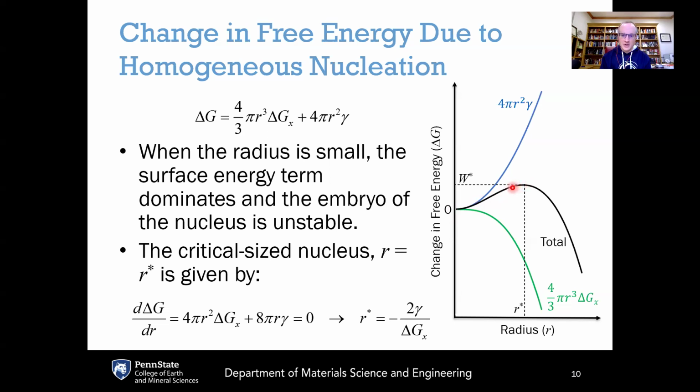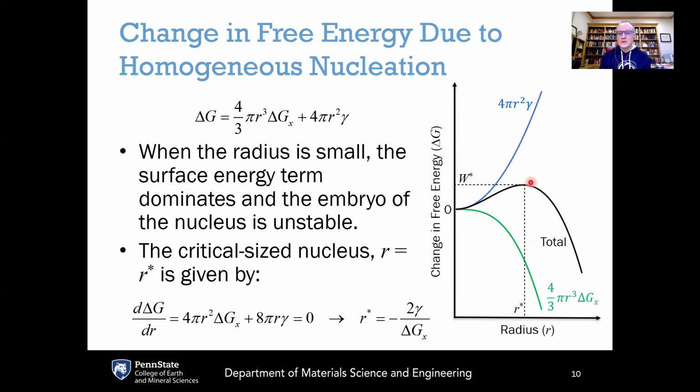On the other hand, if you have an R that is greater than R star, now on this side of the curve, the downward direction is to grow the nucleus, because if we want to lower the free energy for anything that's R greater than R star, the downhill direction of the free energy is to increase R. So any nucleus that is of a size greater than R star is stable, and it is going to grow.